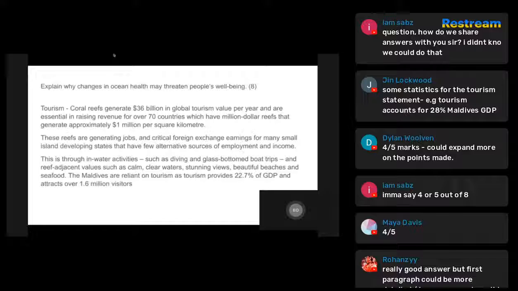The Maldives are reliant on this. 22.7% of their GDP, like Jin mentioned, comes from this, and it attracts over 1.6 million visitors. So again, if you just wrote that in the exam, you wouldn't get 4 marks. But this is just to give you an idea of the sorts of things that you should be writing for that.